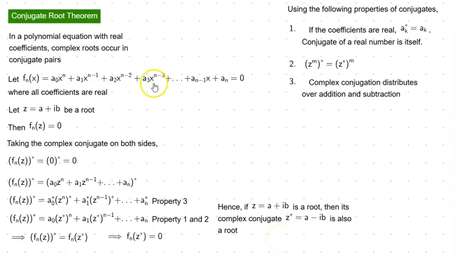So we have proved that for any n degree polynomial equation, if a complex number is a root, then its conjugate is also a root. So that was the conjugate root theorem. That's it for now. Bye.